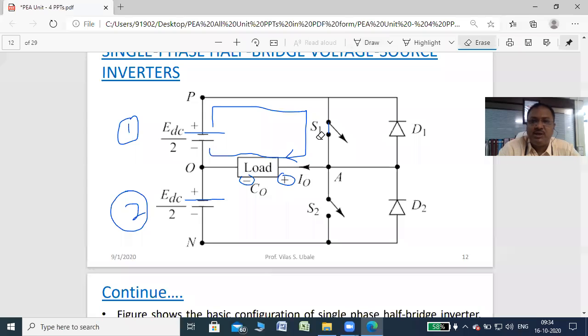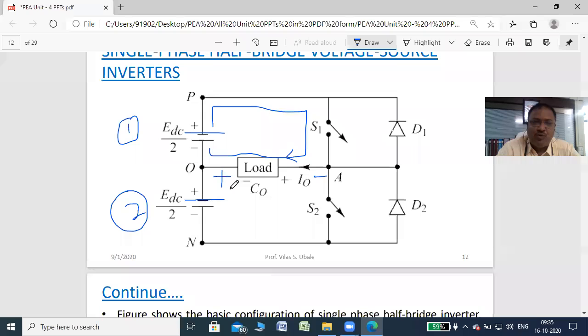Now when S1 is turned off, what happens? The inductive energy stored by this RL load reverses its polarity. So O is positive with respect to A. It means that diode D2 is in forward bias condition, D1 is in reverse bias condition, right?